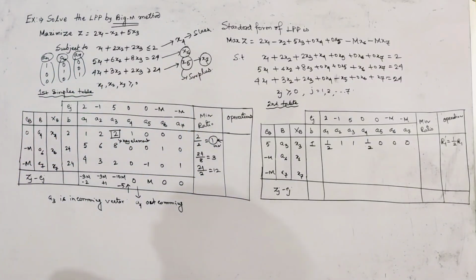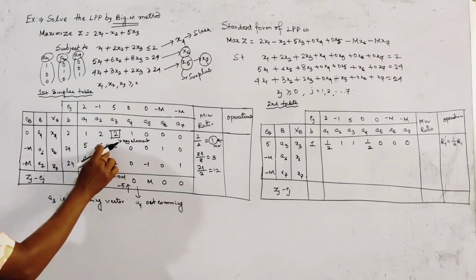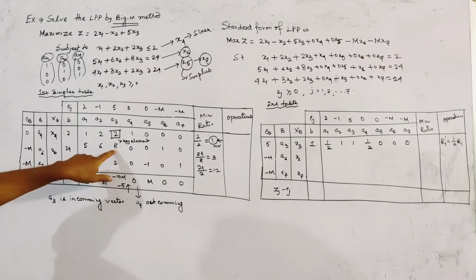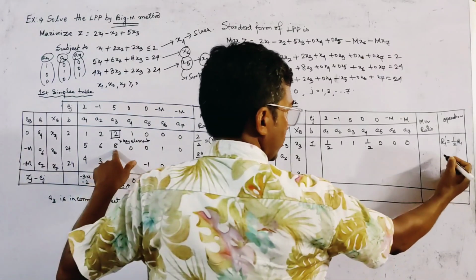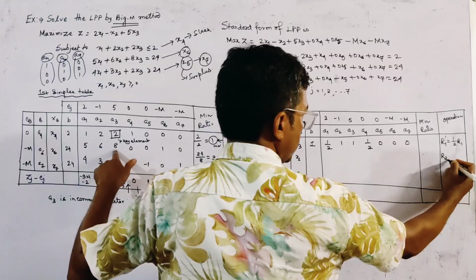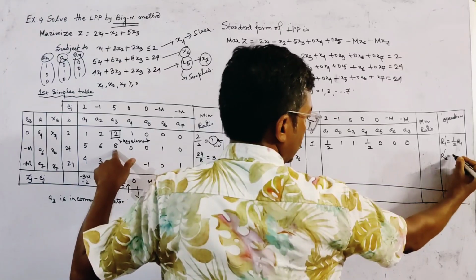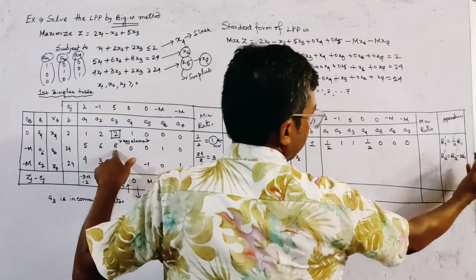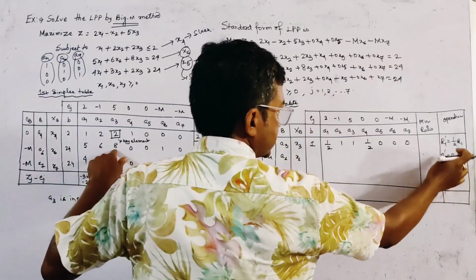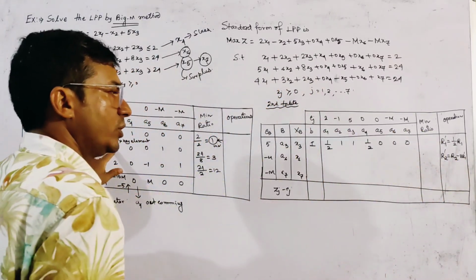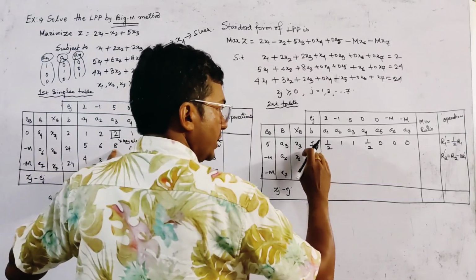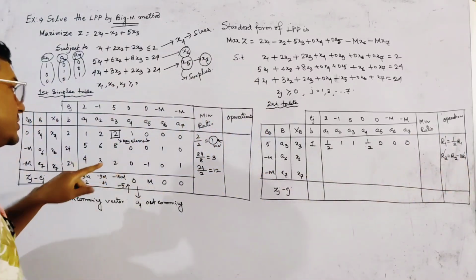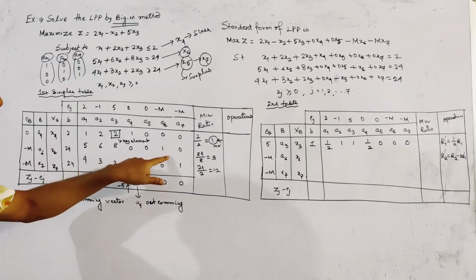Since this element is 8, to make this 0 we make the operation R2 dash equal to R2 minus 8 R1 dash. R1 dash means new R1. So we have to multiply new R1 by 8 and then subtract from the old R2.